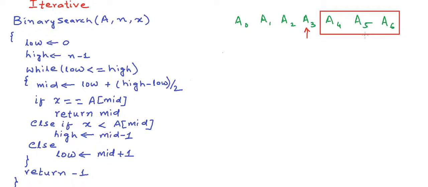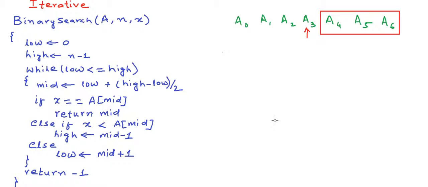We keep repeating this process in the new segment until either we find x or we cannot divide the search space any further. At low equal to high, our search space reduces to only one element. After that, we cannot divide it any further.